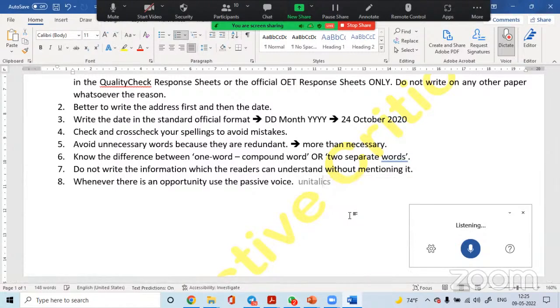Use active voice only when there is no possibility of writing in the passive.